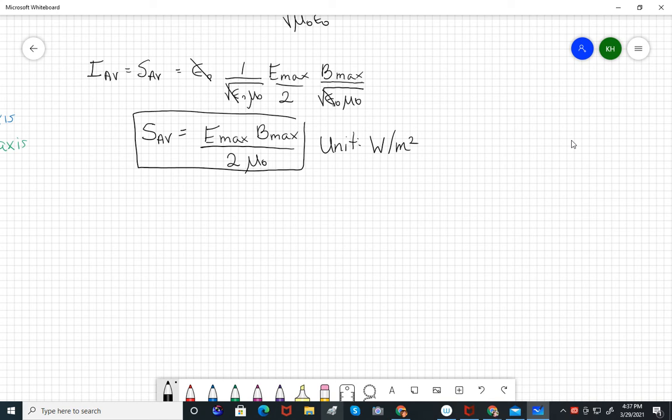Suppose that we've got a laser cutter and it has a maximum electric field of 2.76 times 10 to the 5th volts per meter over an area of 2 square millimeters.